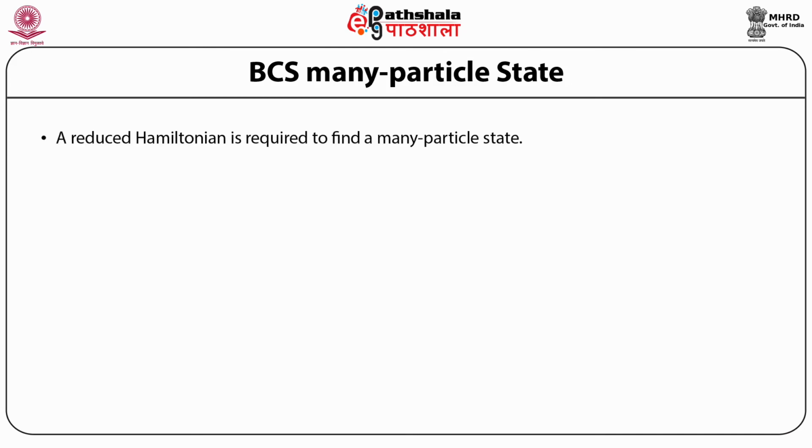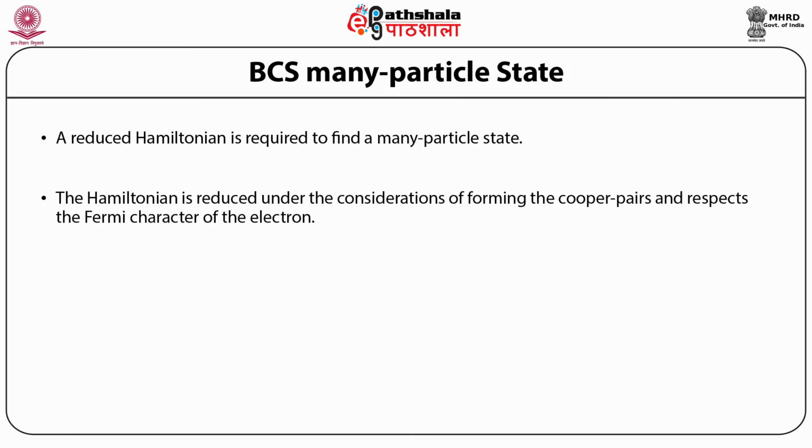A reduced Hamiltonian is required to find a many particle state. The Hamiltonian is reduced under the considerations of forming the Cooper pairs and respecting the Fermi character of the electron.